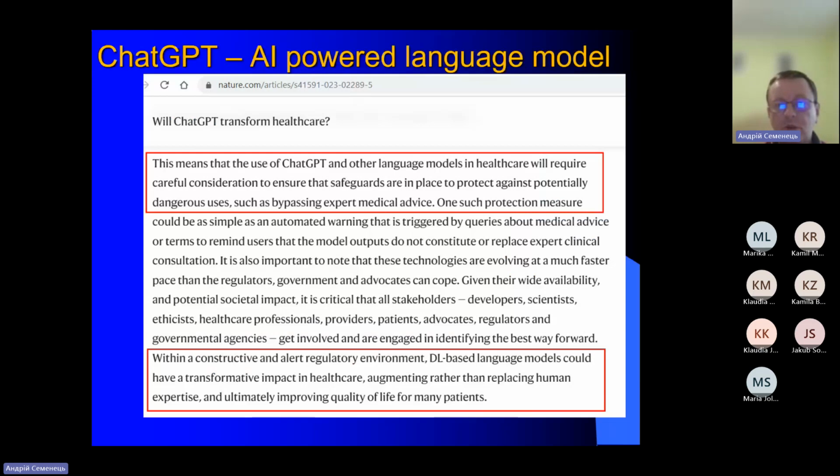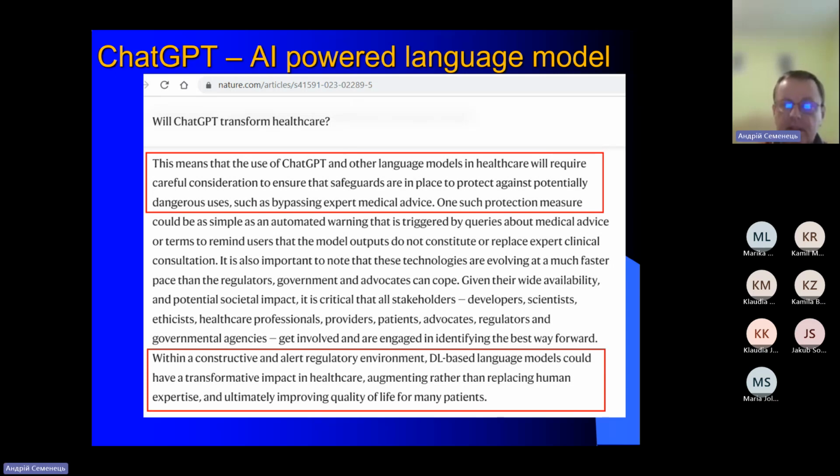And so what we come to is a very early article, published almost immediately after ChatGPT was released, which spoke exactly about these two points. The usage of a system like this in healthcare requires careful consideration to ensure safeguards are in place to protect against potential dangerous use.